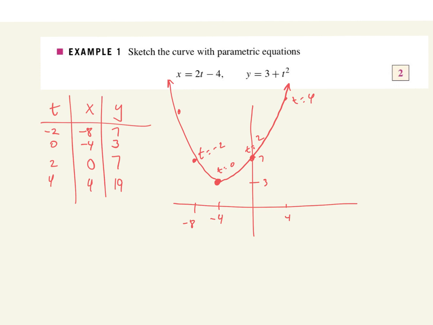So you can see that the path is heading that way. Okay. All right, so obviously the most basic form of this type of problem, but getting the understanding.